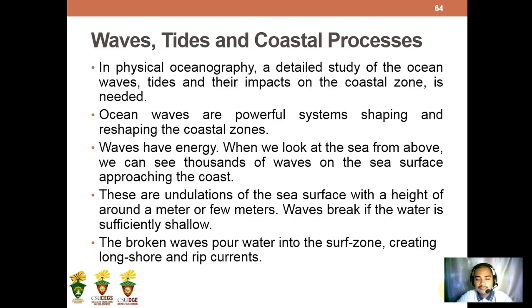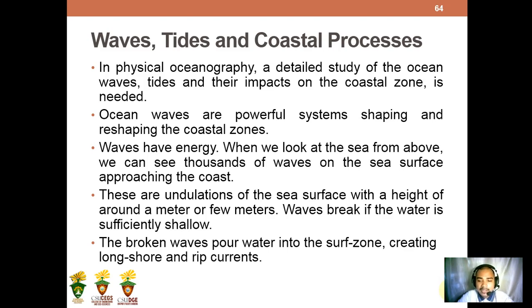Who knows? And these are undulations of the sea surface with a height of around a meter or a few meters. Undulations or changes in elevation of the sea surface.